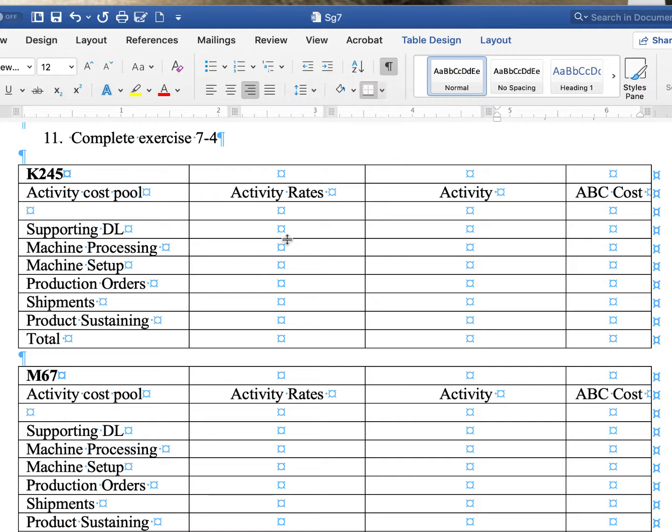So they already did step 1, step 2, and step 3 for us, right? They said, here are your activity cost pools: supporting direct labor, machine processing, machine setup, production orders, shipments, product sustaining. Okay, that's not organizational sustaining, that's product sustaining.